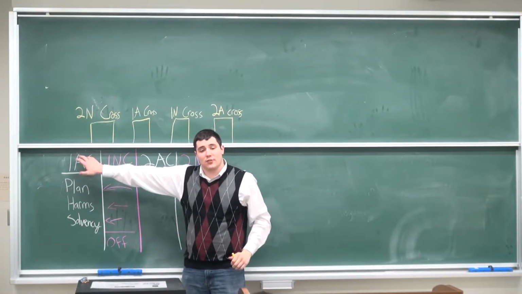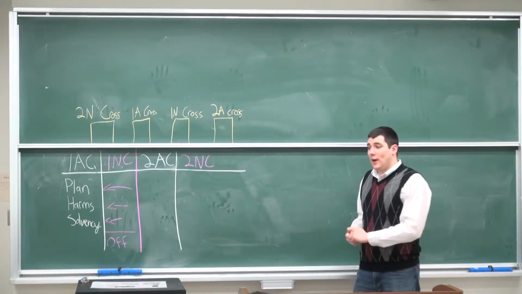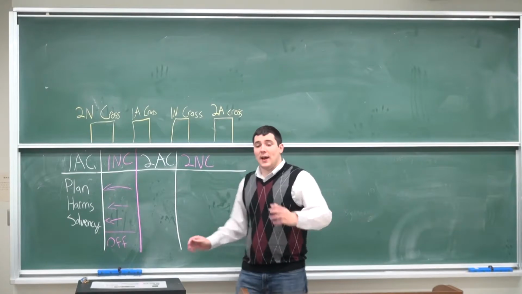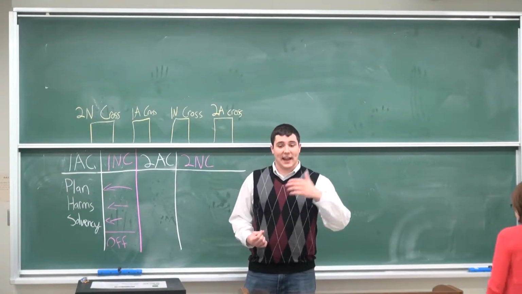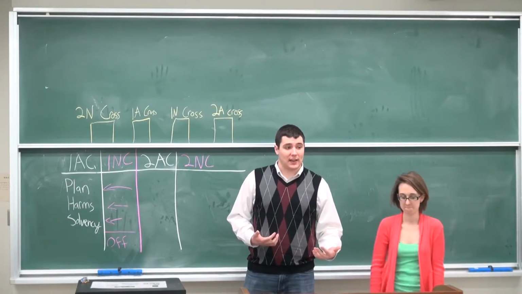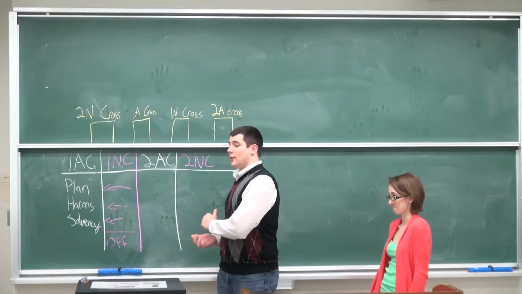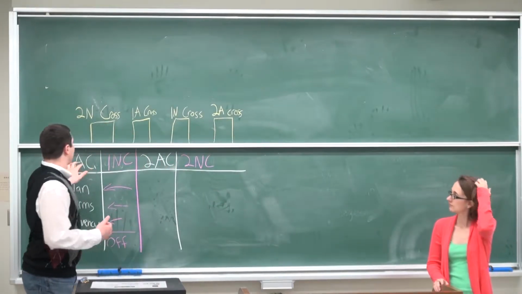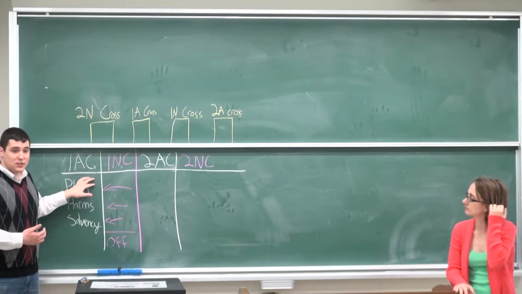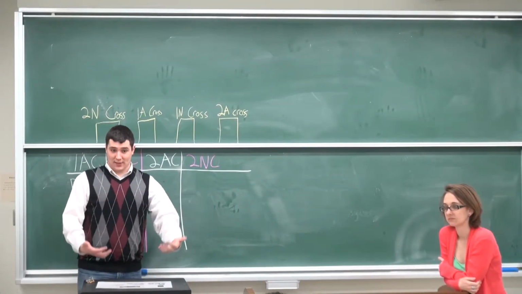After each one of these constructive speeches, there is a time for cross-examination where, say, I'm the affirmative speaker. Well, after my constructive speech, a negative speaker then has the opportunity to ask me questions. So after the first affirmative constructive speech, whoever is the second negative speaker asks the questions.